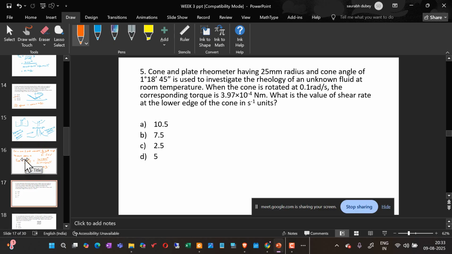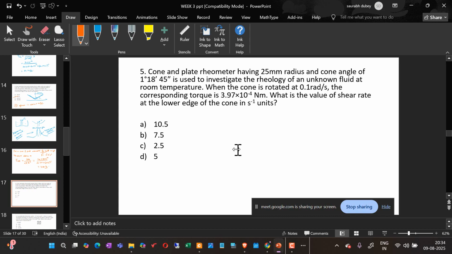For a small angle, the shear rate is this. In this one, what is the value of shear rate at the lower edge of the cone? Here the cone angle is small. In the last problem also you had a cone angle of smaller dimension.